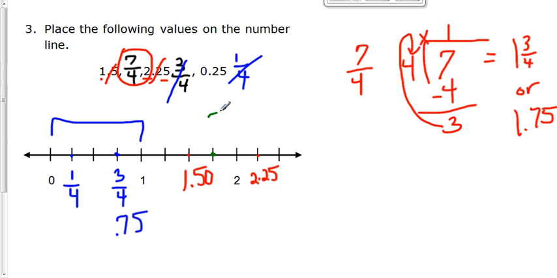So here will be my 7/4. It's equal to 1.75. Okay, there's problem number 3. That is not order of operations, but putting your numbers in order on your number line.